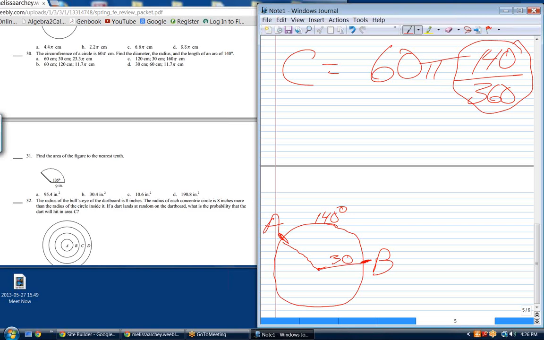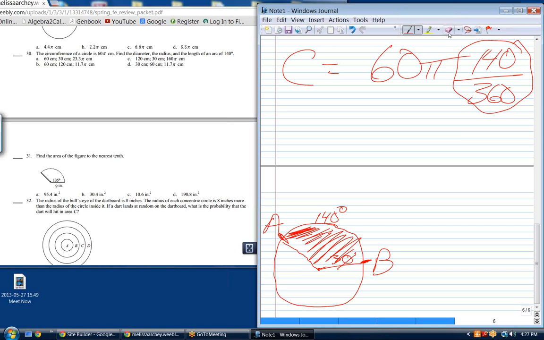In other words, all of these are the same. When they ask you about a particular arc, you are concerned with the whole circumference and what percentage of the circumference that arc is. If they ask you about the area of a sector, you care about the area of the whole circle and what percentage of the full area of the circle is that arc.